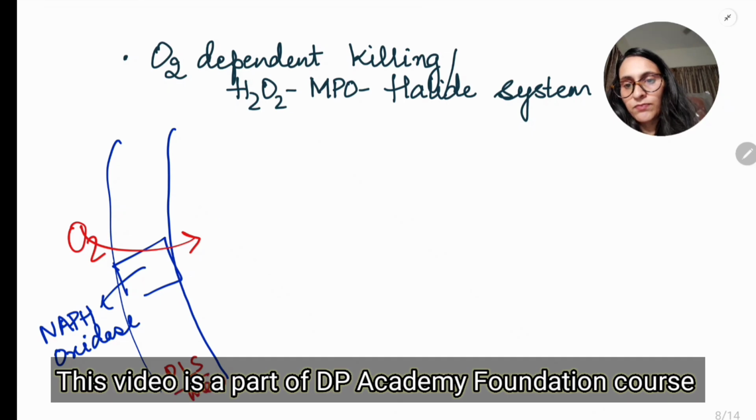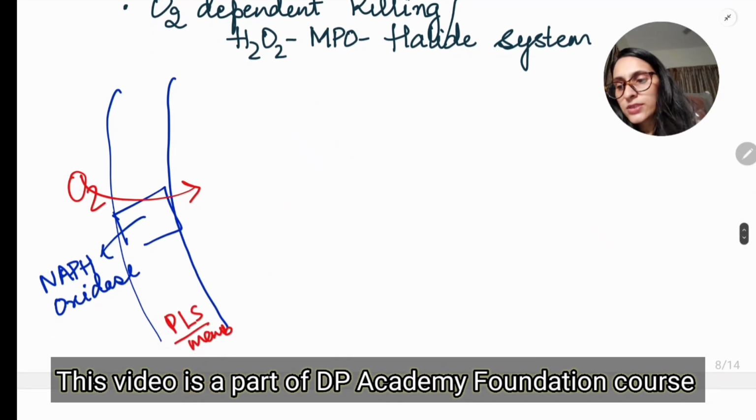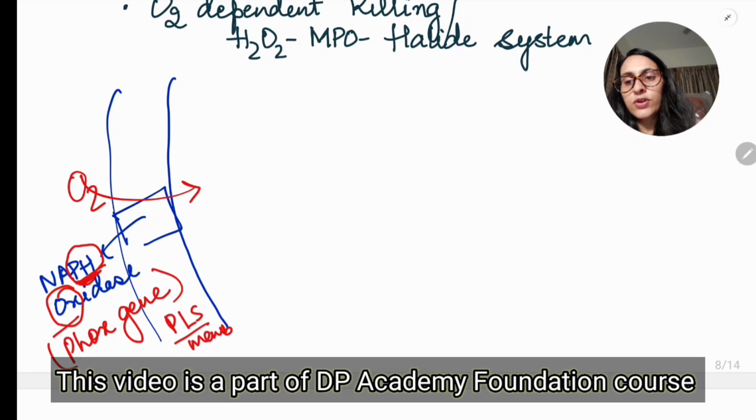When the oxygen comes in with the help of NADPH oxidase, now this enzyme NADPH oxidase, a very important question is, take pH from here, take OX from here, and it is made up of FOX gene. NADPH oxidase is made up of FOX gene, pH from NADPH, OX from oxidase.